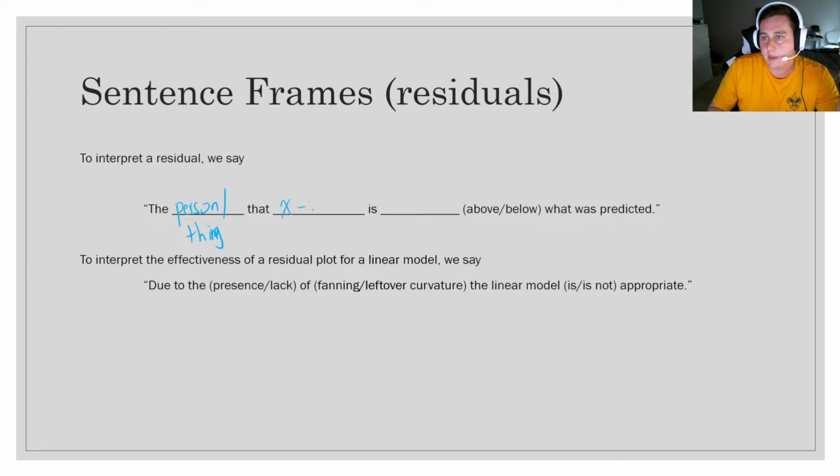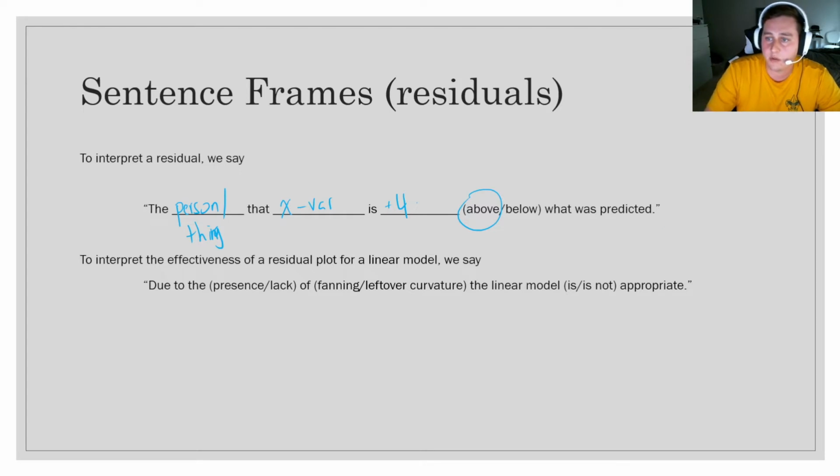So the X variable: the person with a particular shoe size is, we just did the math, 4 units, or we're talking about his residual, which doesn't really have units, so is 4 above what was predicted because his residual was a positive 4. So then you just put together this sentence and you're done.